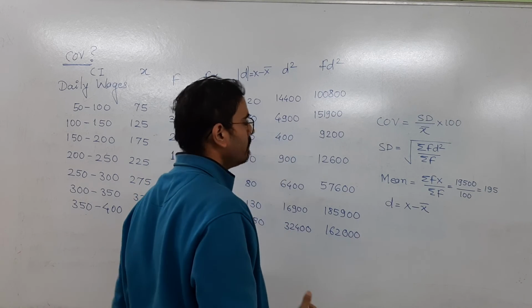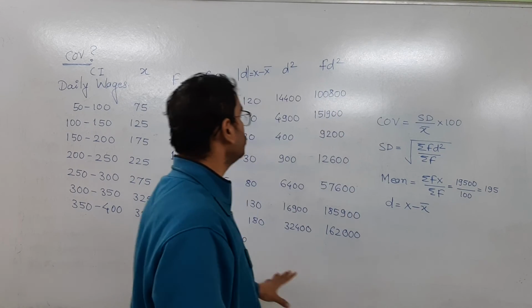Okay, in that way we have the column F D square.